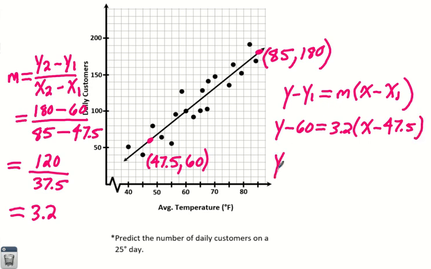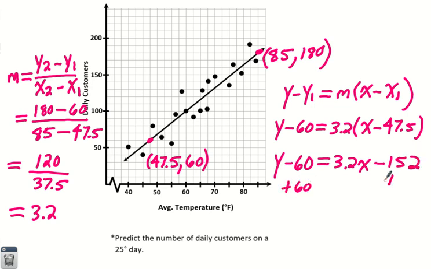And so solving for y and everything, when I distribute my 3.2 there, 3.2 times negative 47.5 gets me, let me just double check that, 3.2 times negative 47.5 is negative 152.